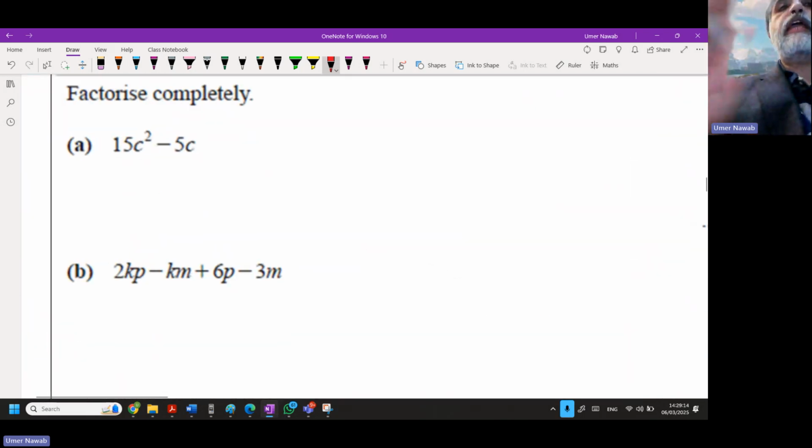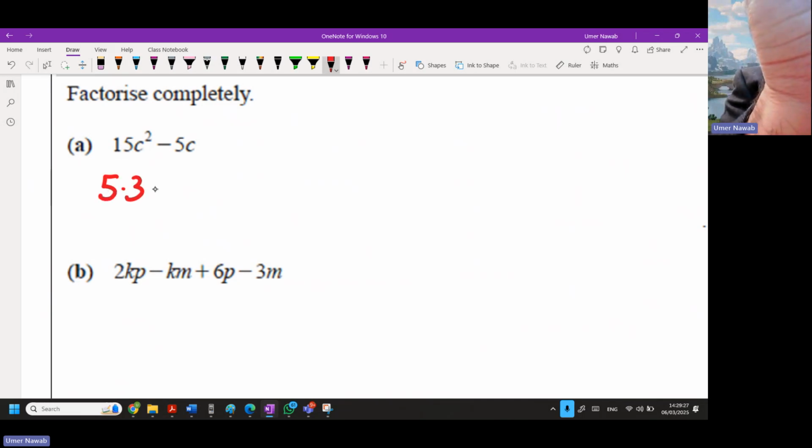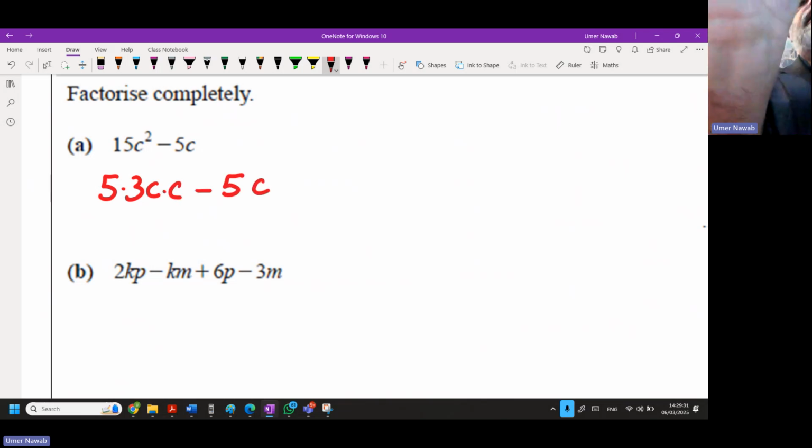Now we go to question number 8, guys, which is looking pretty simple because as you can see, it's 15c minus 5c squared. So 15c can be broken into 5 times 3 times c, and 5c squared can be broken into 5 times c times c. Imagine, boys, this is 5, this is 5, this is c, this is c.